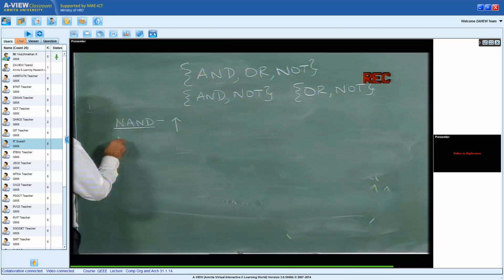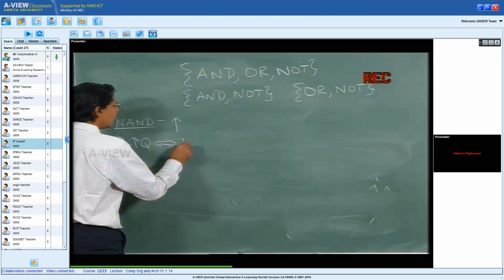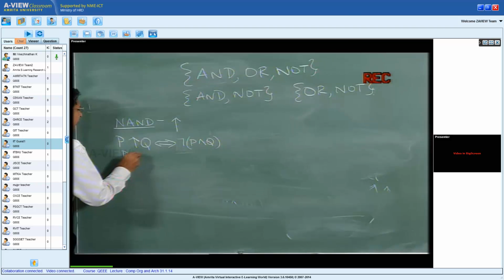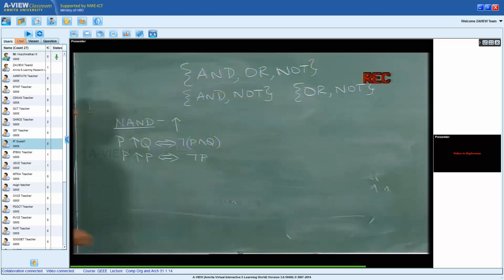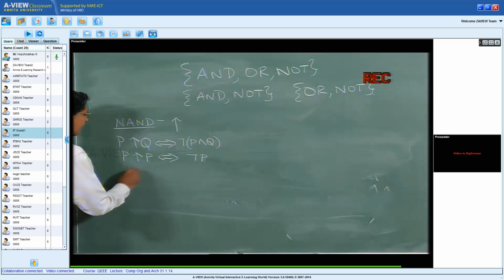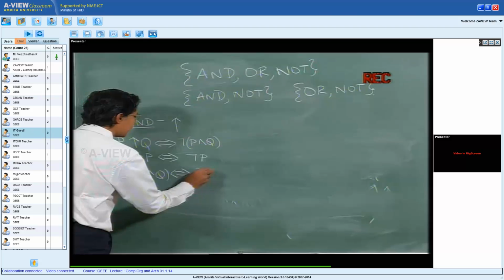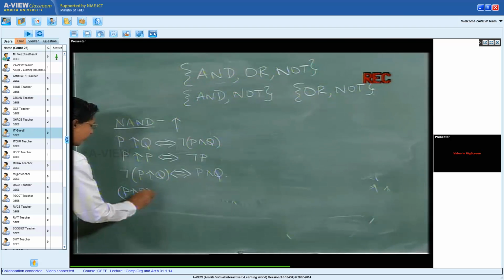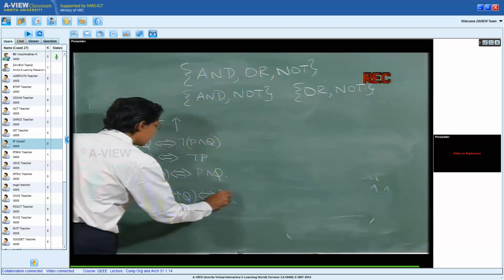Now please note that P NAND Q is equivalent to not of P and Q. P NAND P is equivalent to not of P. Using these two, we can realize that not of P NAND Q is equivalent to P and Q, and this is equivalent to (P NAND Q) NAND (P NAND Q) is equivalent to P and Q.